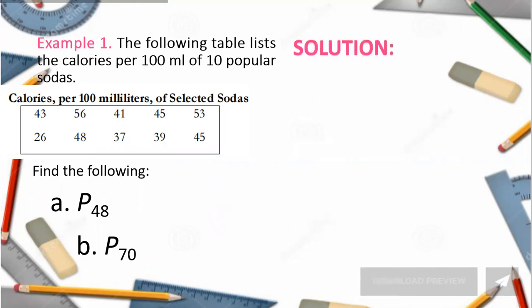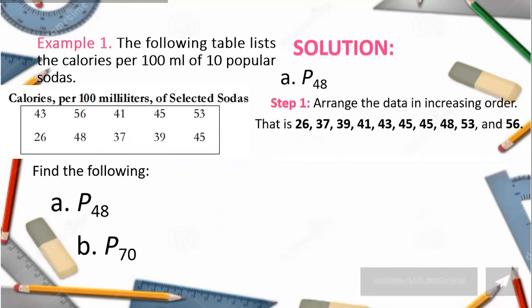For our solution, in finding the 48th percentile, first, we need to arrange the data in increasing order. From the given data, the lowest is 26, followed by 37, 39, 41, 43, and so on. And the highest value is 56.